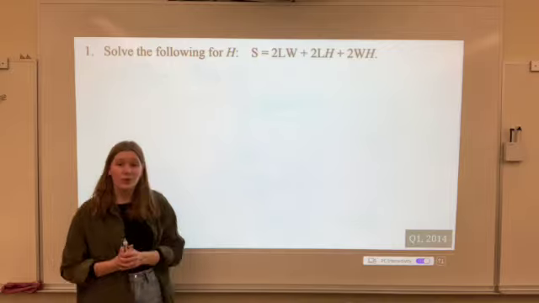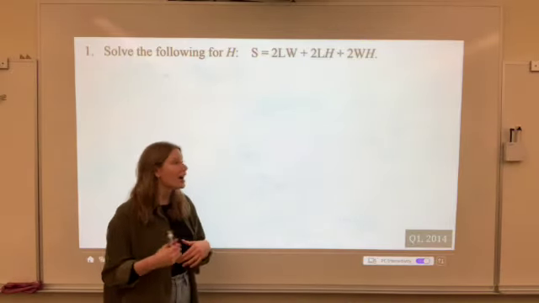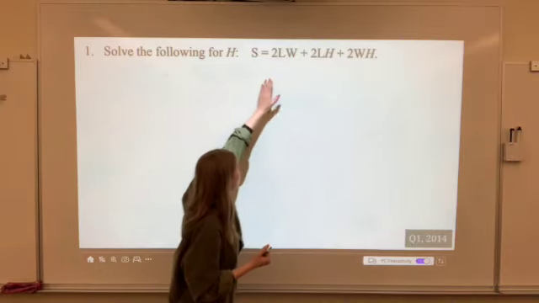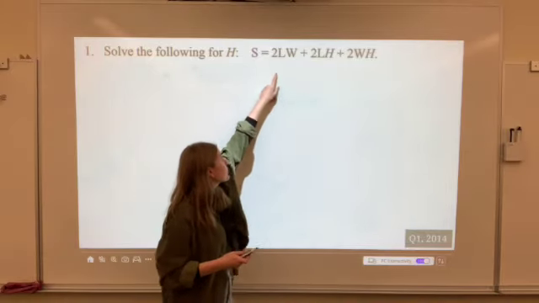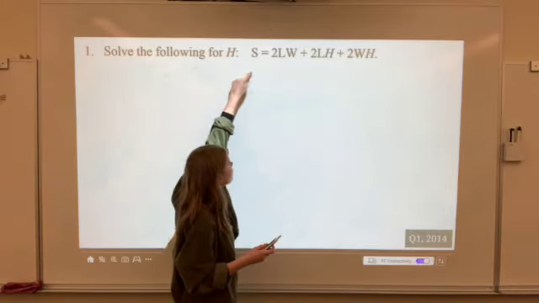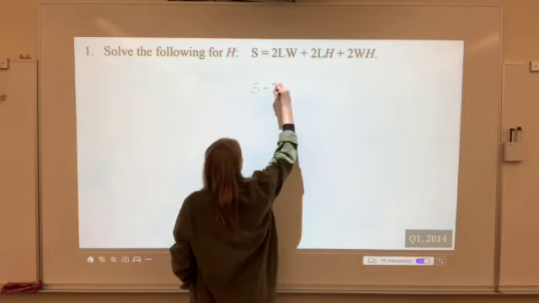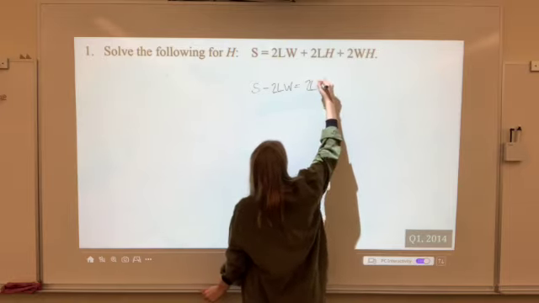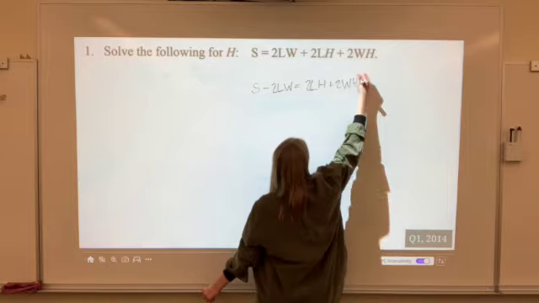Okay, so what I'm going to do is use something that we used in the previous problem. I'm going to try and factor out the h. Well, I can't do that with all of these terms because they're not all h terms. So I'm going to subtract the 2LW over to this side. So we get S minus 2LW is equal to 2LH plus 2WH.